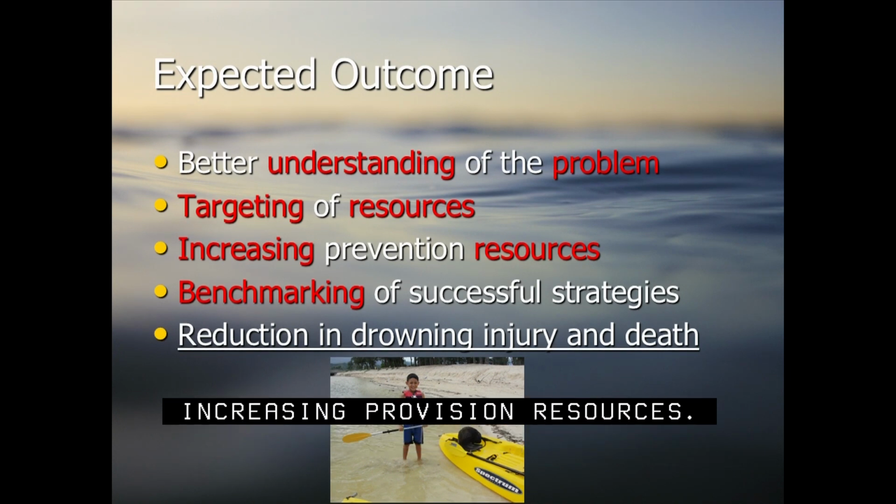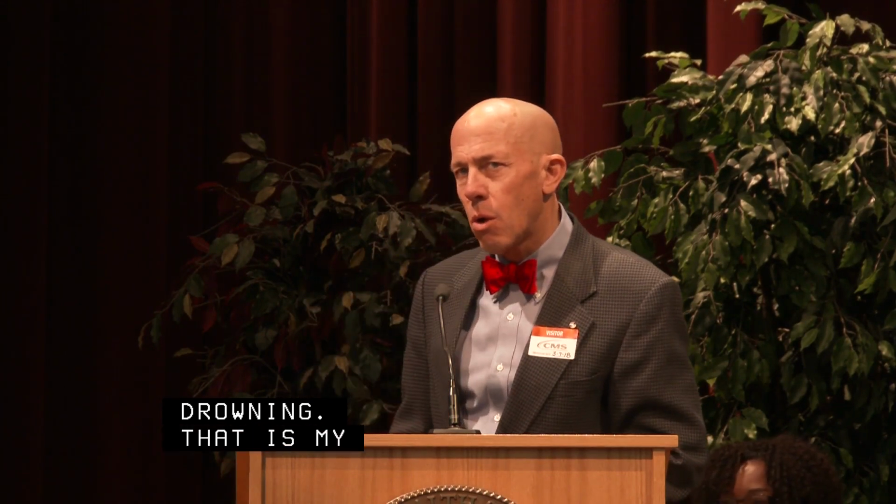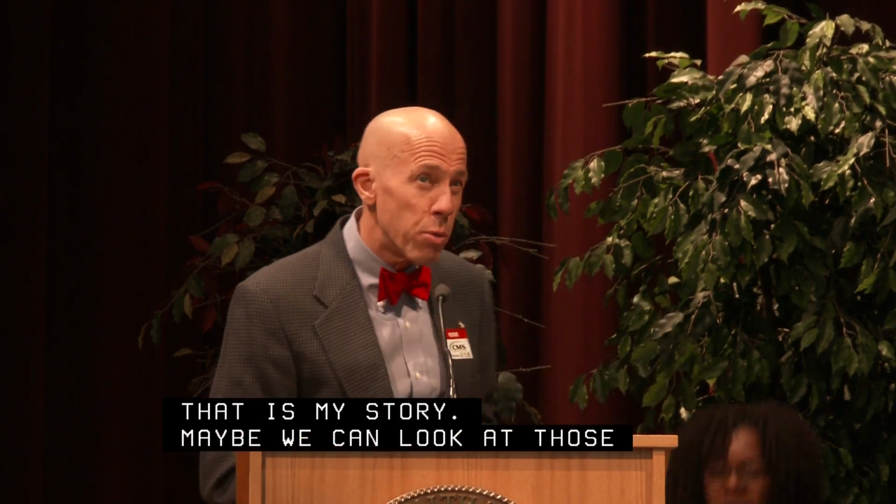If we put together that National Water Safety Plan, we need to have some sort of a baseline and then see how we're doing, figure out where we need to adjust our targeting, and ultimately a reduction in drowning, injury, and death. And that's my story, and maybe we can look at those codes and I can explain to you a little bit about the question I would have for the coders about what we came up with.